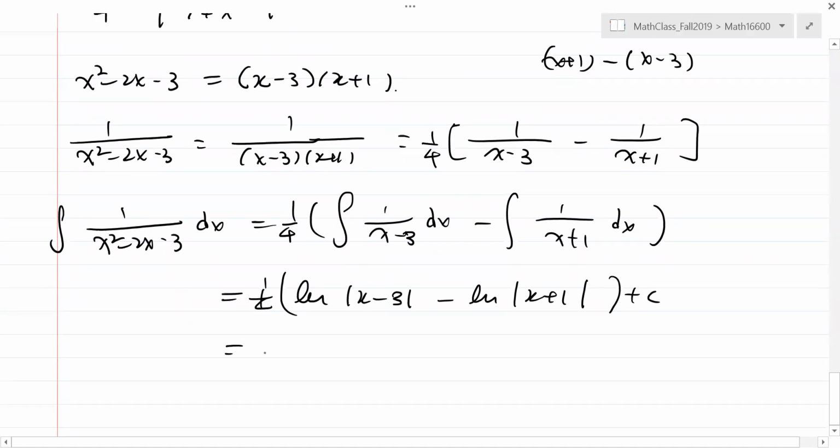Then you can put them together: x minus 3 over x plus 1, plus constant, and you get the same result. Exact same result. So for reciprocal quadratic functions, you can have two different ways to solve the problem.